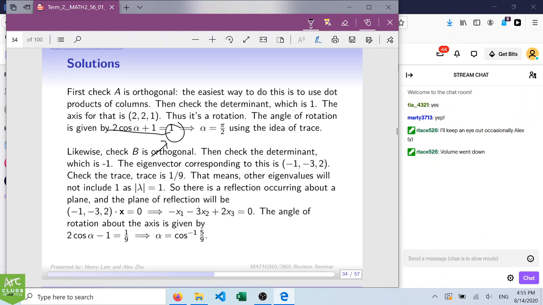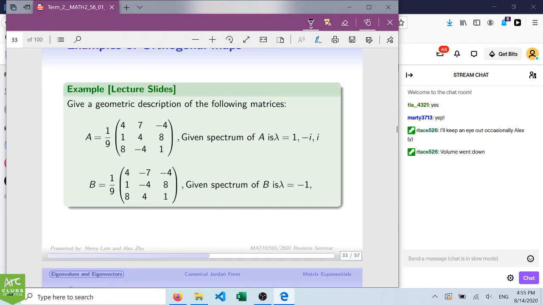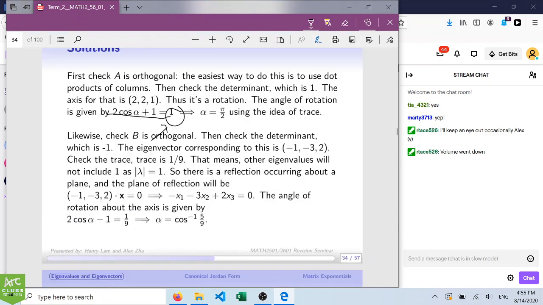All right, and then likewise, we can check the next part. So second question, if we're only given one lambda value, one eigenvalue, we're going to first check the determinant again.